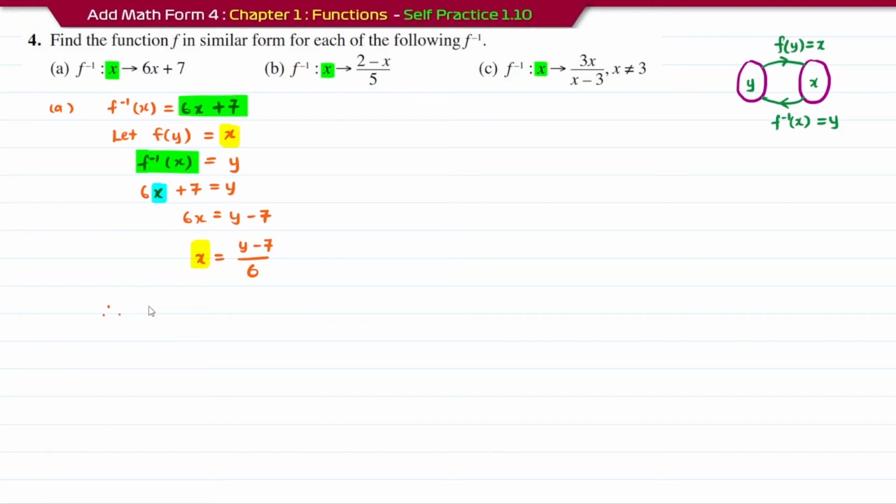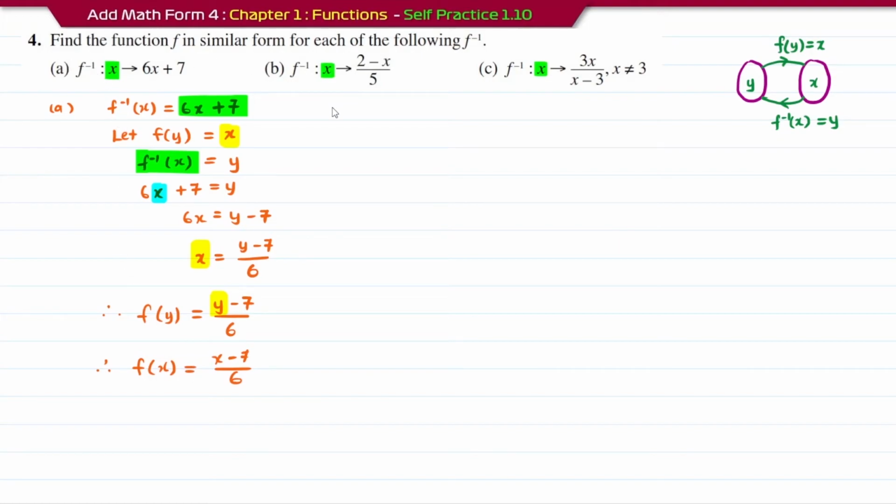So therefore, the function f of y is equal to y minus 7 over 6. So the f of x, then later on we're going to change the y to x. So this is the function f for a.